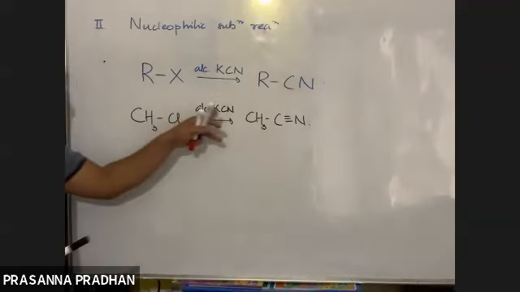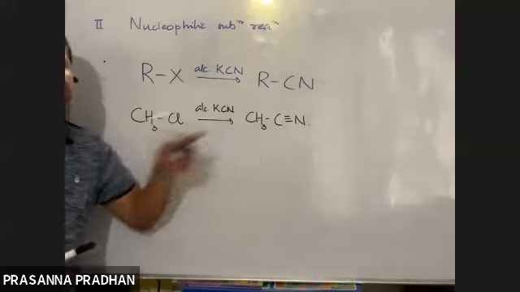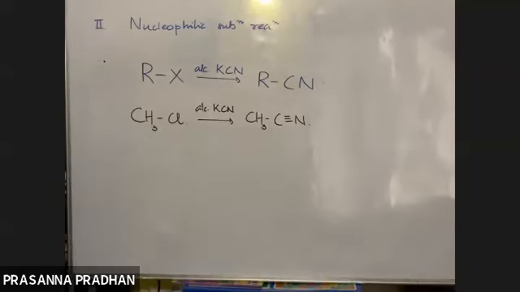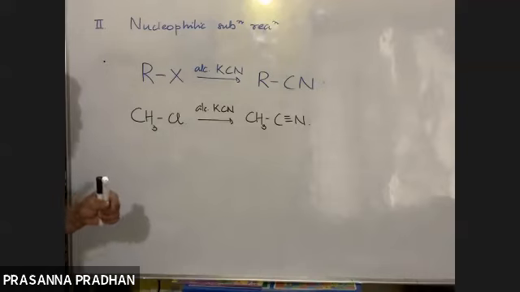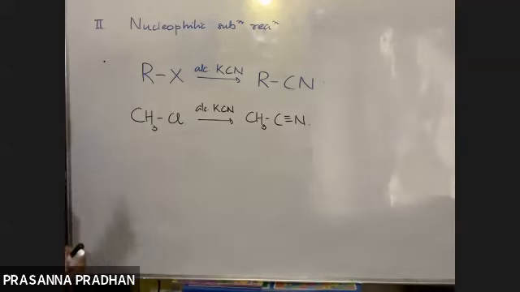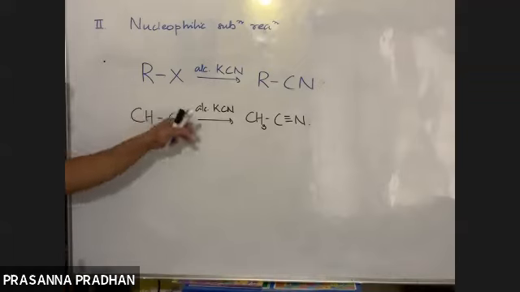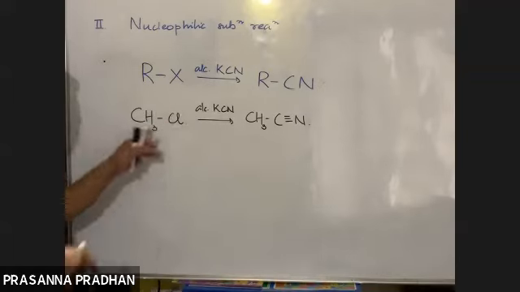And after nucleophilic substitution, we get a compound containing 2 carbon atoms. That means this reaction provides us a way to increase the length of the carbon chain by 1 unit. Via this reaction, we can add an extra carbon atom.